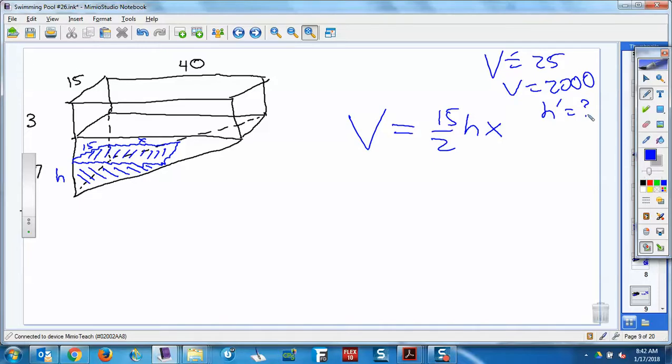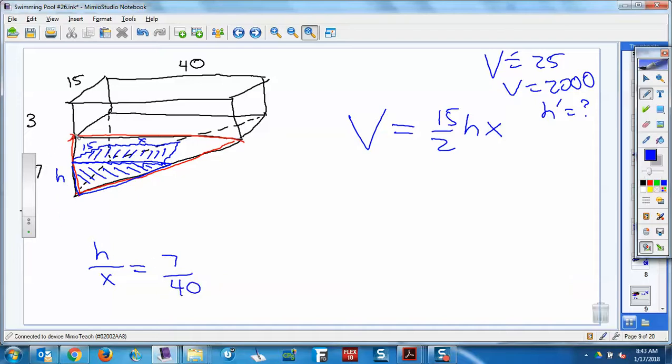Well, again, just like with the cone, there's a similar triangle here. There's a similar triangle scenario right here with the red and the blue. So this is very much like the cone problem. In other words, h over x is proportional to what? 7 over 40.